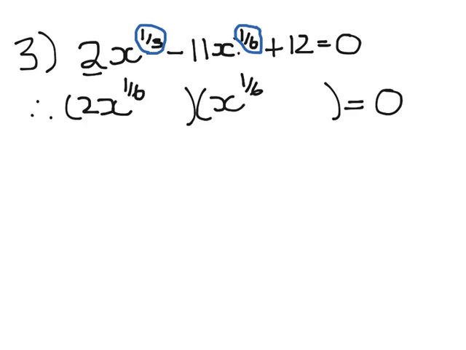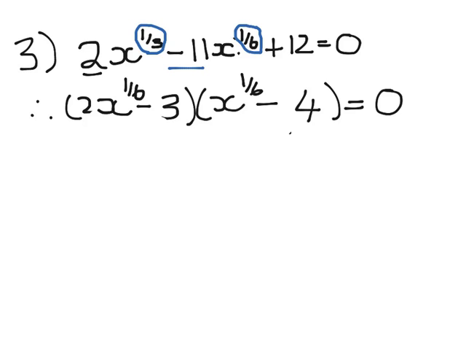We're going to use the factors of 12, a minus and a minus, and we want to end up with minus 11 in total, so it's going to be 3 there and 4 there, because 2 times 4 gives us negative 8, minus 3 gives us negative 11.